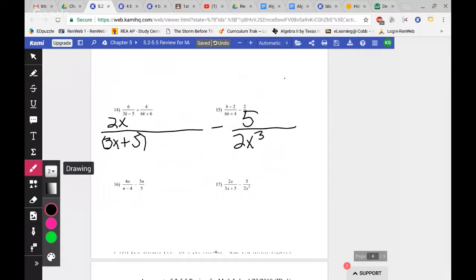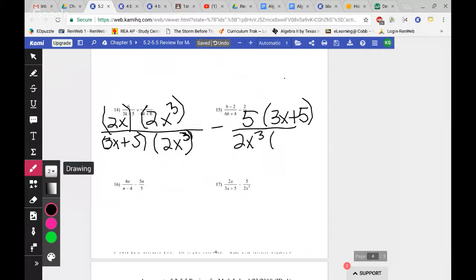I'm going to have to multiply my first term, both the denominator and the numerator, by the 2x cubed in order to make that bottom a common denominator. Whatever you do to the bottom, you have to do to the top. And I'm going to have to do the same over here. What was missing was the 3x plus 5. And this makes our denominators common now.